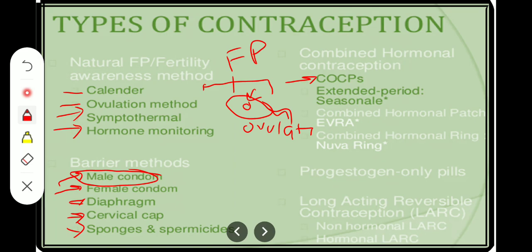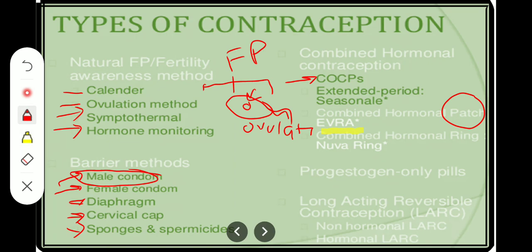Now, hormonal methods are not confined to pills, but we have certain patches as well, which can be applied by the patient, and they release the hormone at a specific rate. Evra is one of the brand names for the combined hormonal patch.